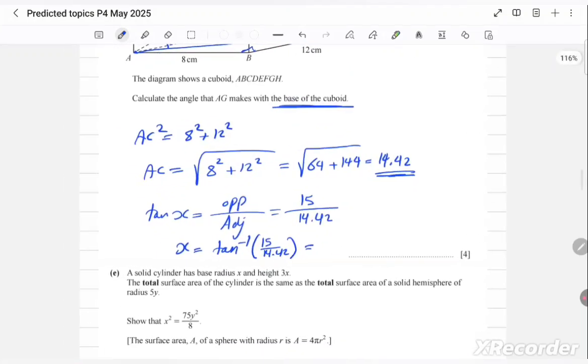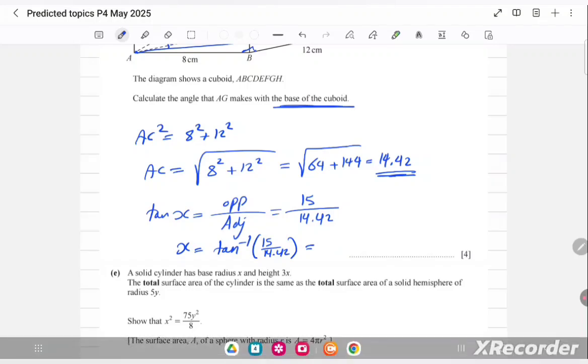So this is the answer. In angles, round to 1 decimal place. So look at the answer of this one and make it 1 decimal place. Let's see.